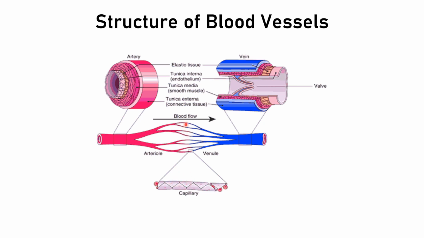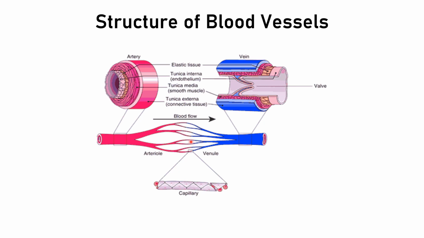Once the diffusion takes place, if the oxygen is given out, carbon dioxide is there. Then these are nothing but veins.